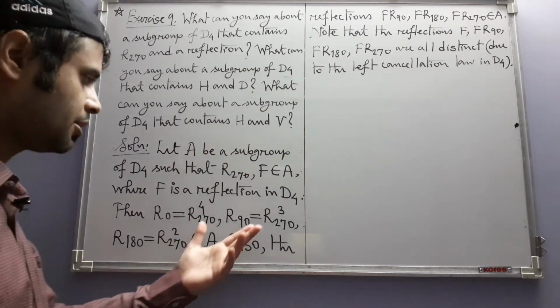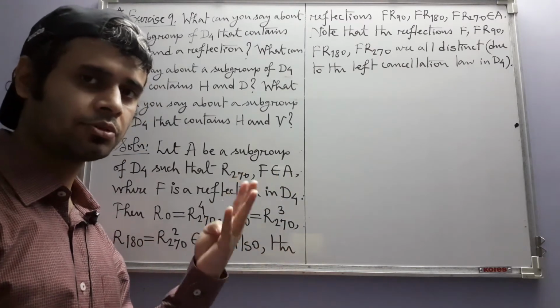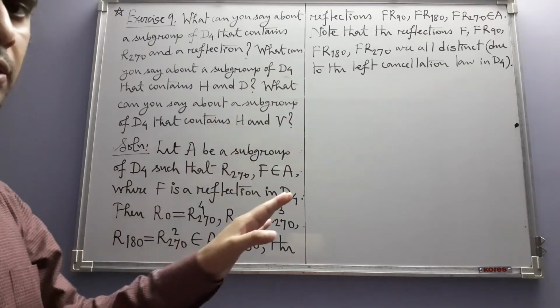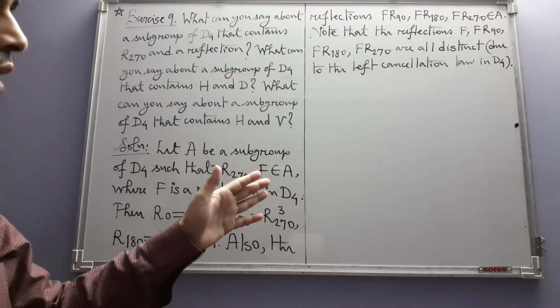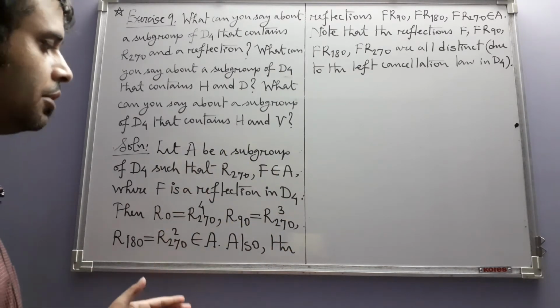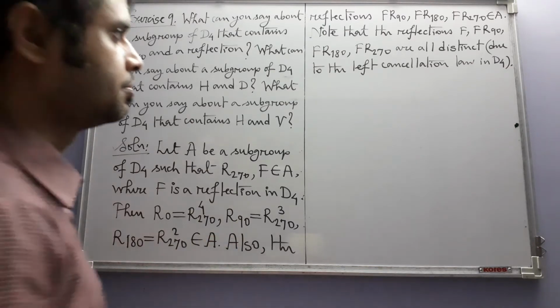So how many elements does A have now? It has all the rotations, that means 4 rotations, and it has 4 different reflections, and we know that D4 already has 4 reflections. So that means A has everything that D4 has.